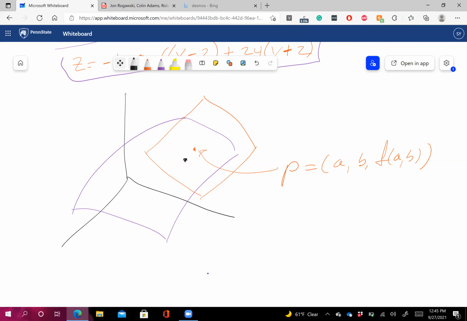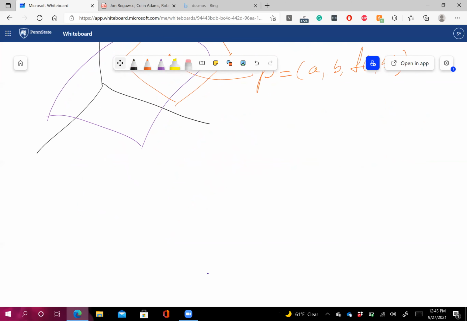This is kind of similar to the linearization that we saw in Calc 1, or the differentials also that you see in Calc 1, which is if you have some function, you can linearize it near some point. So you can take the line at some point.